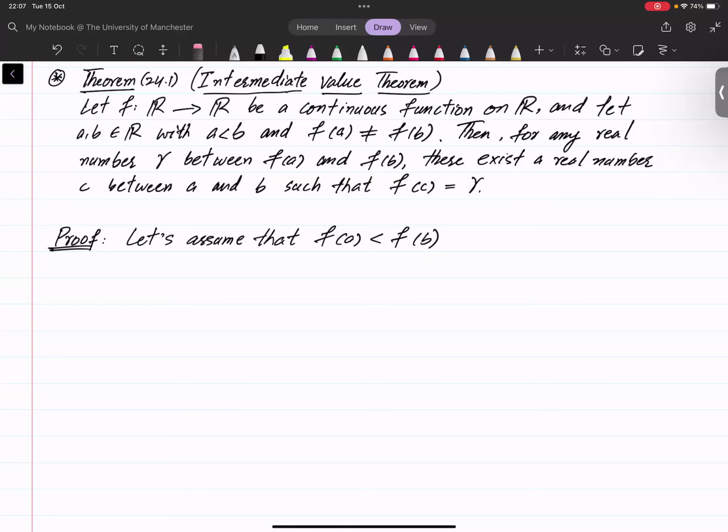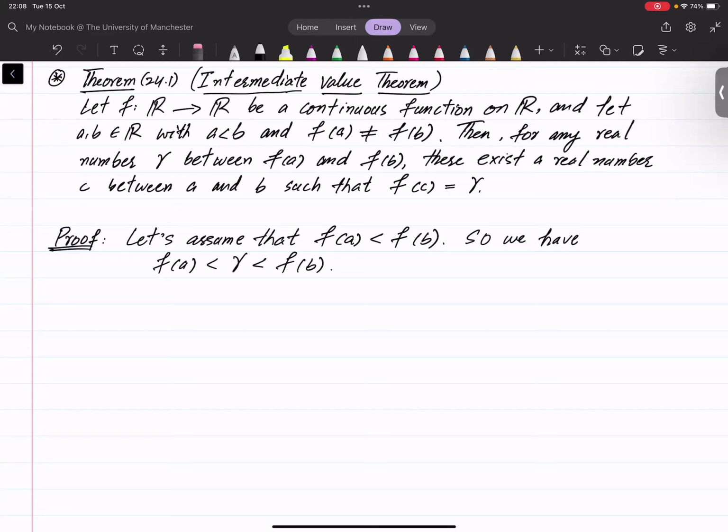The case where f of a is greater than f of b will follow by a simple trick which we give at the end of the proof. So we have f of a is less than gamma and gamma is less than f of b.